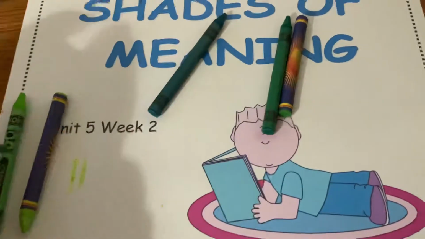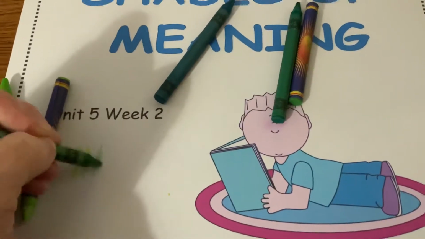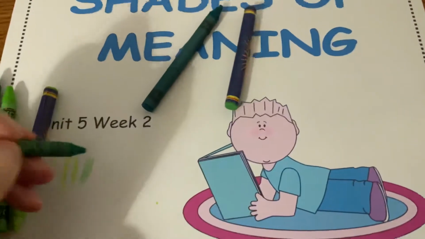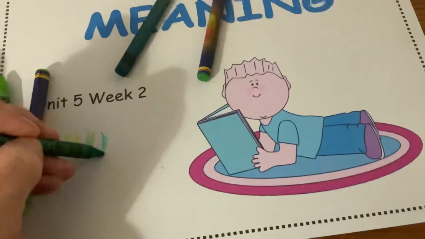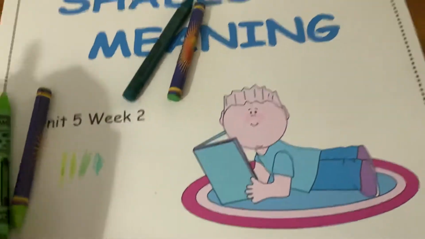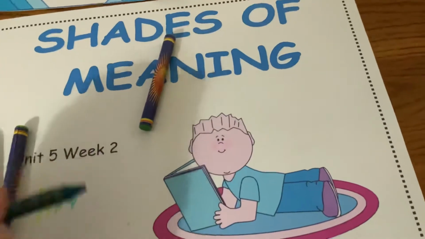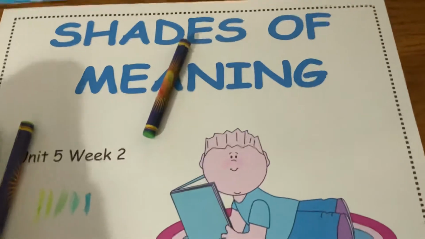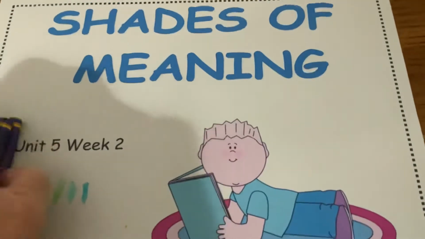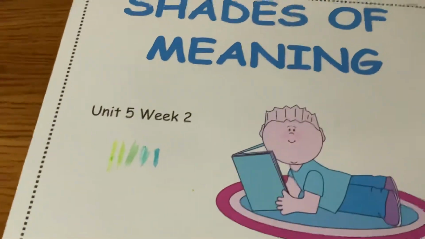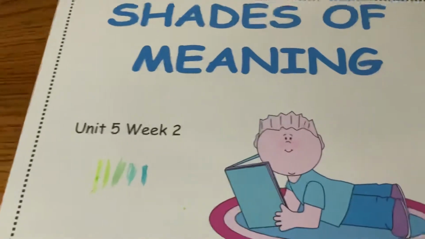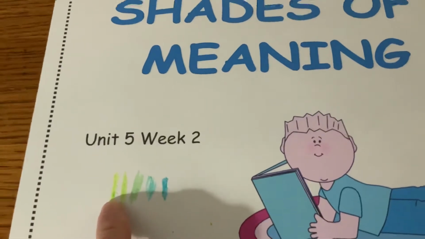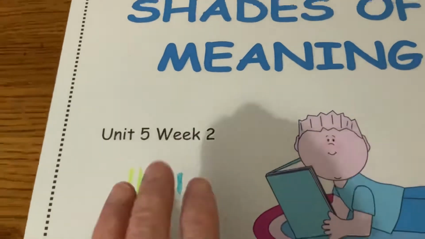Then this one would be even darker. And this one even more so. Okay, that one's gone almost into blue. Those are shades. They're all green, but they're different shades of green. And we can start from a very light one and go to a very dark one.